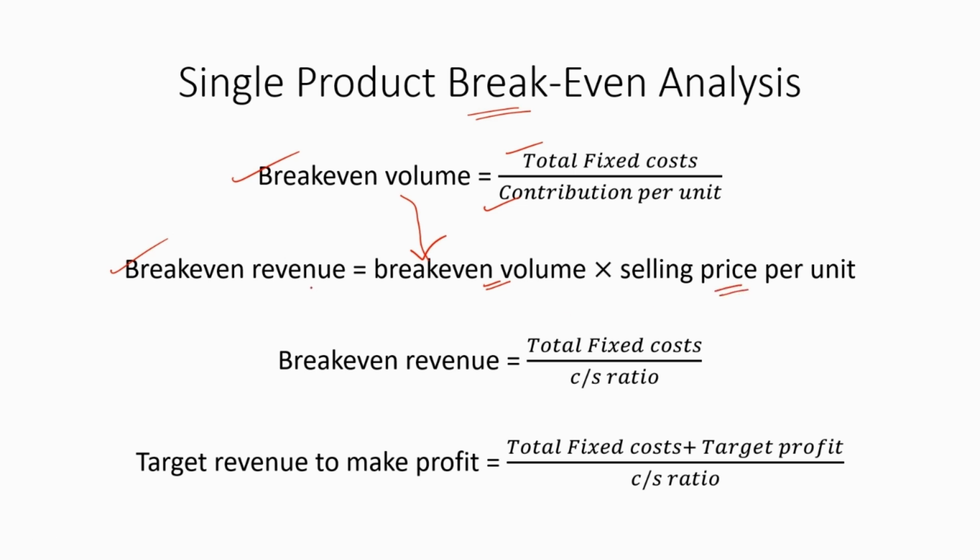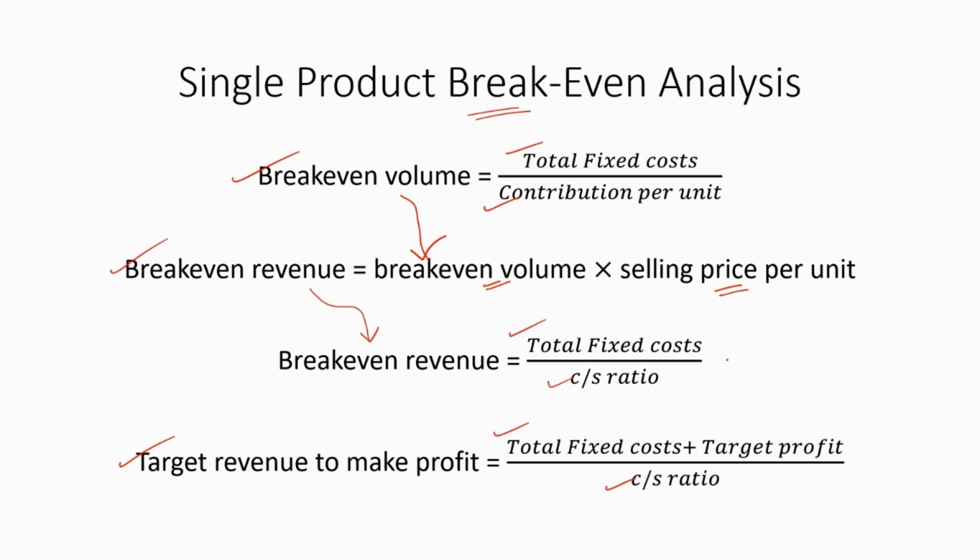And then we can also calculate the break-even revenue value using another formula. In this formula, we divide the total fixed costs by the CS ratio. And we can calculate the target revenue to make profit. This is equal to total fixed costs plus target profit divided by the CS ratio.